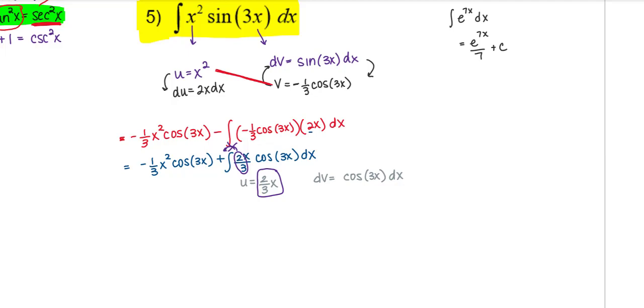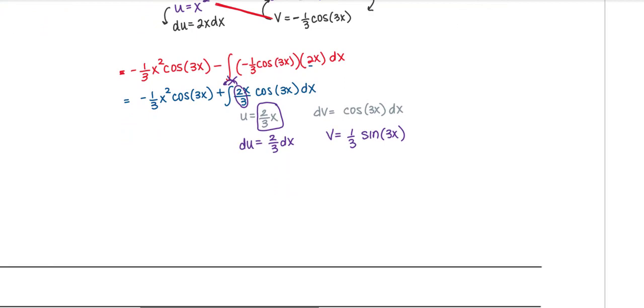So it's just a little added bonus for me. So now my du is 2/3 dx, right, that linear derivative. And my antiderivative, well, the antiderivative of cosine of an angle will be sine of that angle, because the derivative of sine is cosine. And then instead of multiplying by the derivative of that angle, I'm going to divide by it. So I'll divide or multiply by another 1/3.